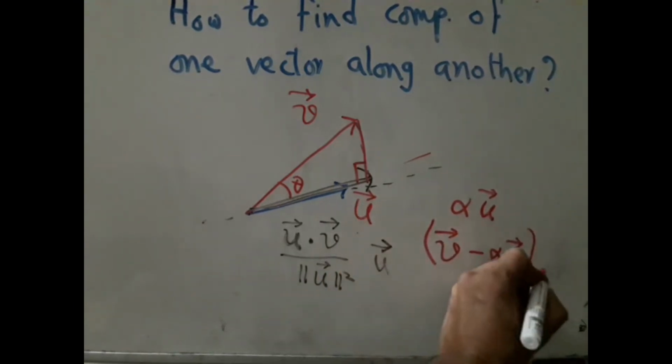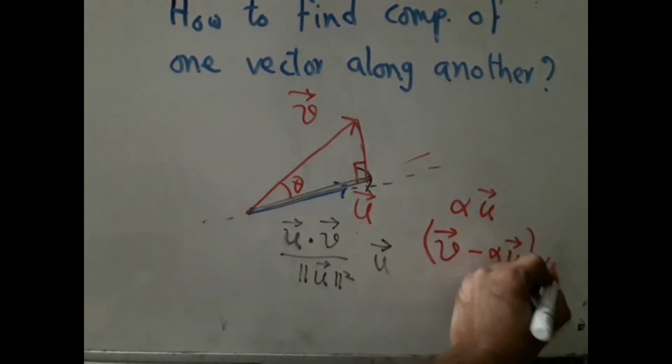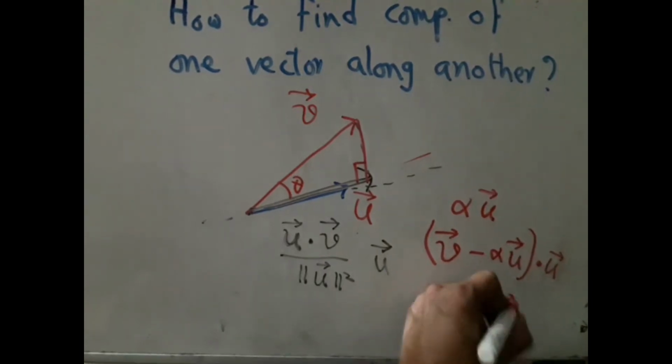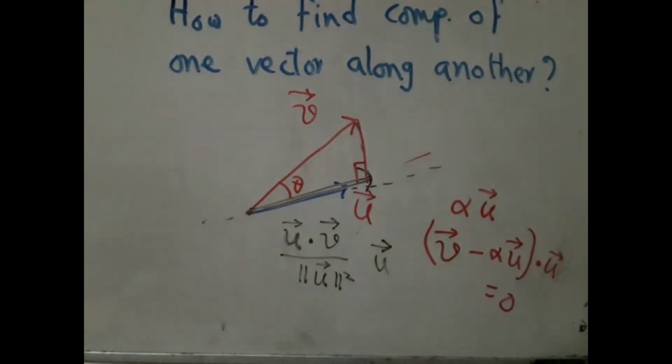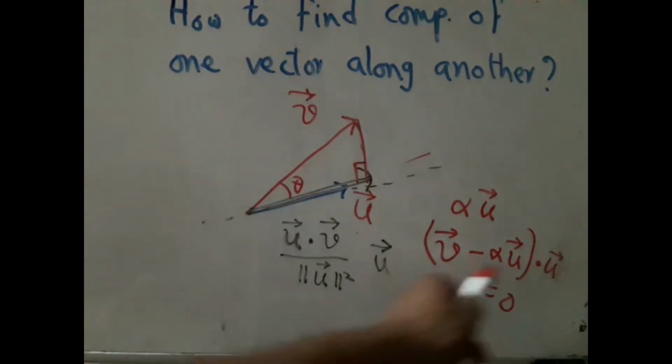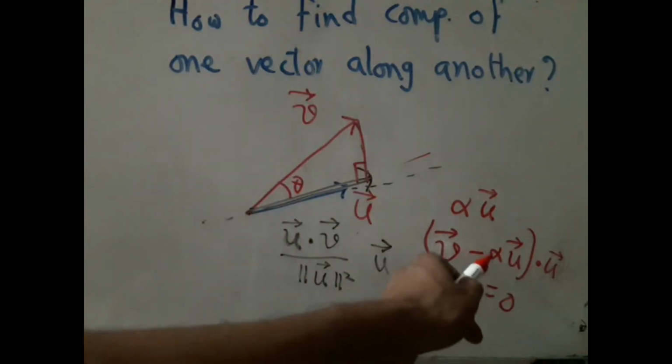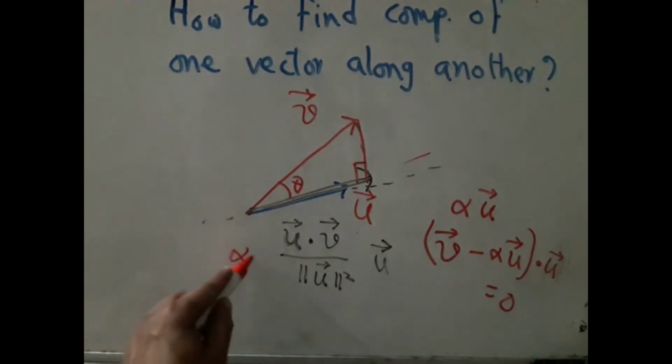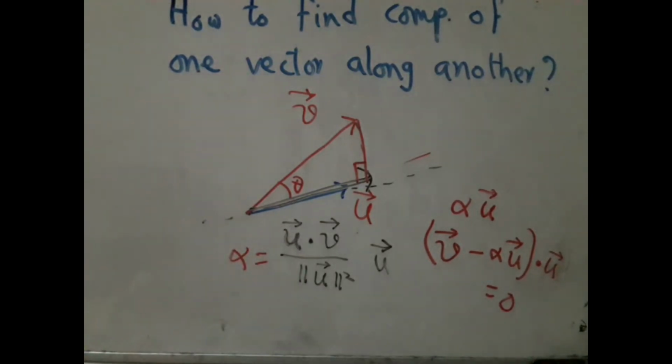That is, you are looking for this dot u equal to 0. That's your condition, right? This thing must be perpendicular to this. And you just expand it, you'll immediately get alpha must be equal to this quantity. That is a very useful thing, and once you have this, now you can directly work out Gram-Schmidt orthogonalization.